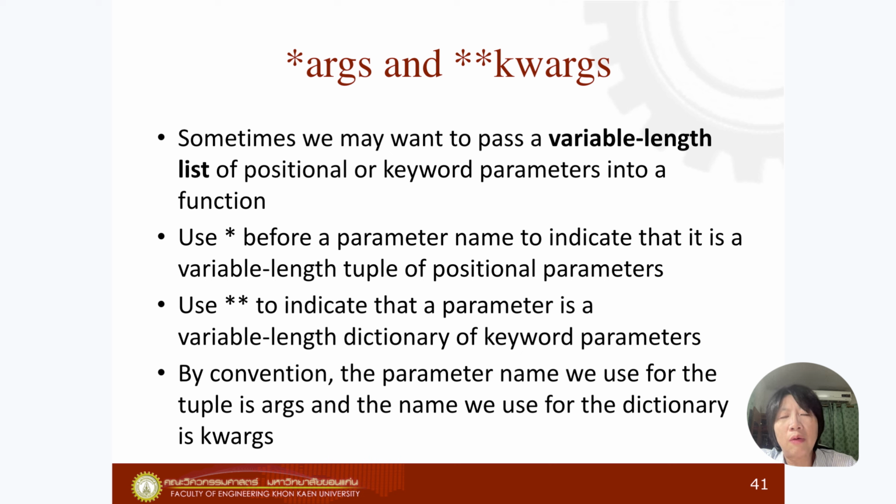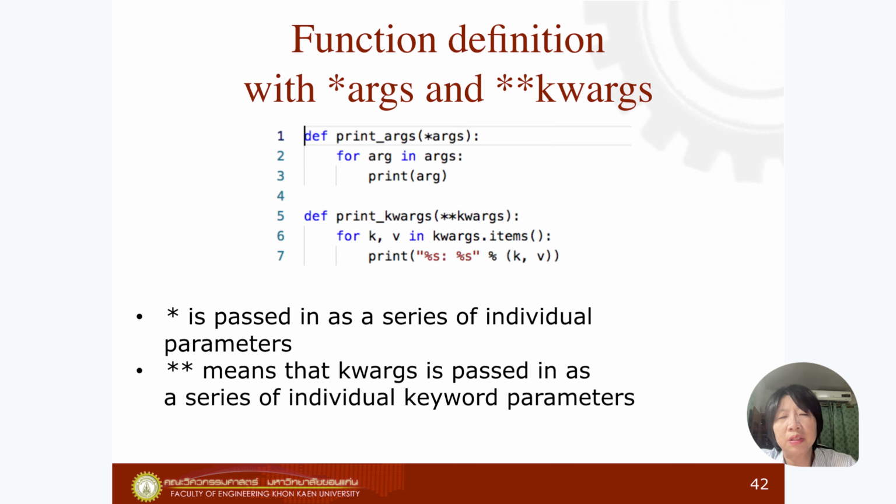And if we have a variable length dictionary of keyword parameters, then we use star star. And by convention, the parameter name we use for the tuple is args, which stands for arguments, and the name we use for the dictionary is kwargs, which stands for keyword arguments.